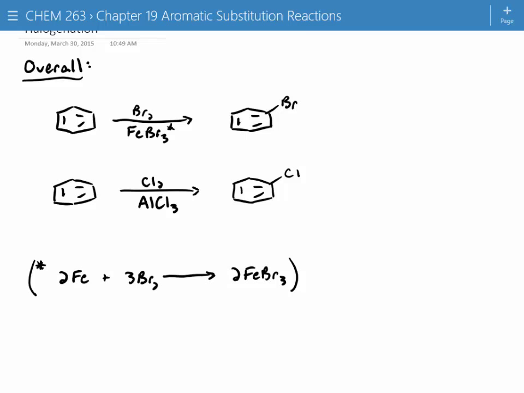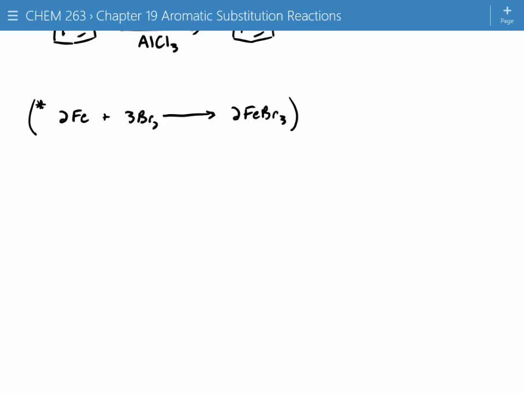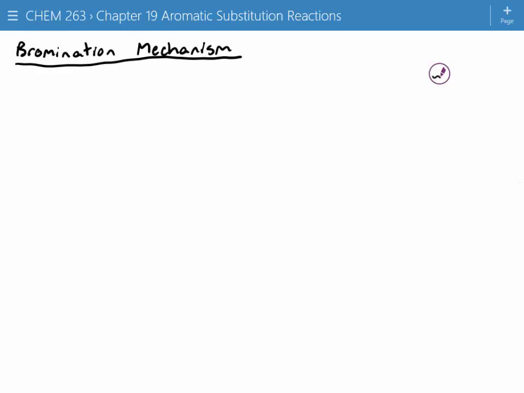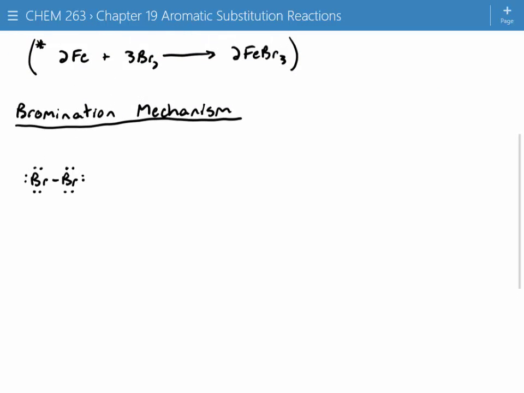So let's start with the mechanism for bromination. All right, so the first step, we've got this bromine floating around in solution. And I'm going to go old school and draw all of our lone pairs. So we've got bromine, and then we've got iron tribromide that we just formed.